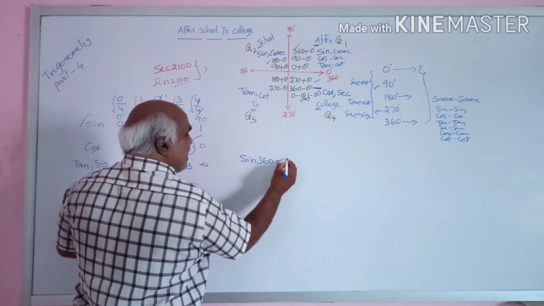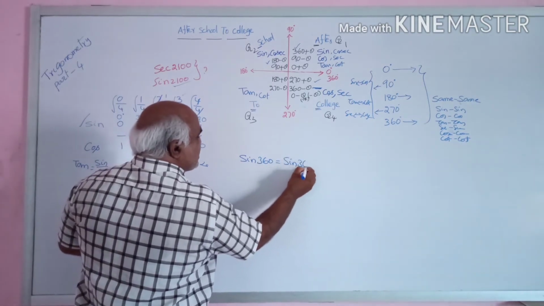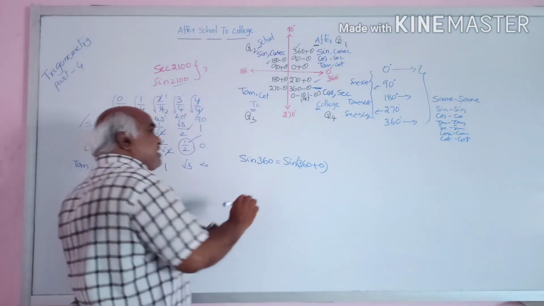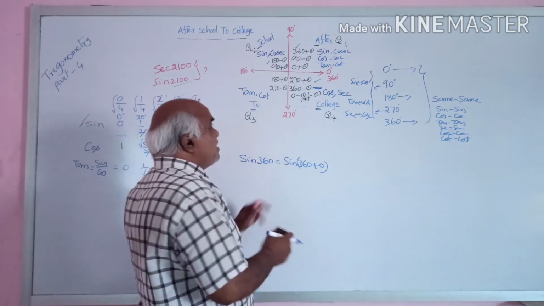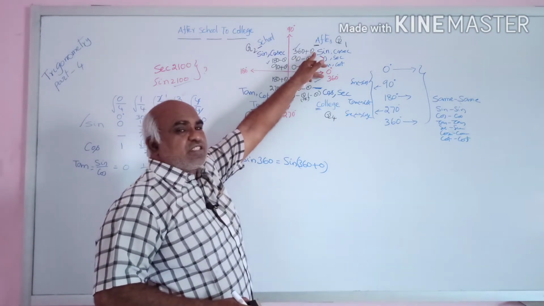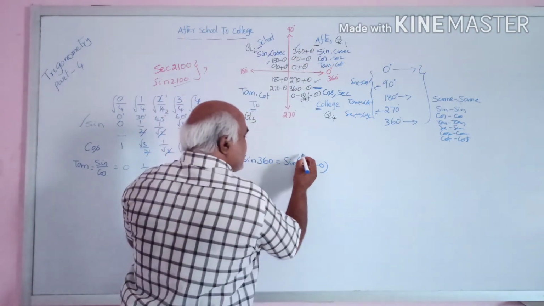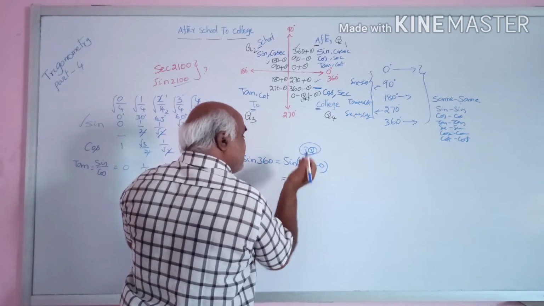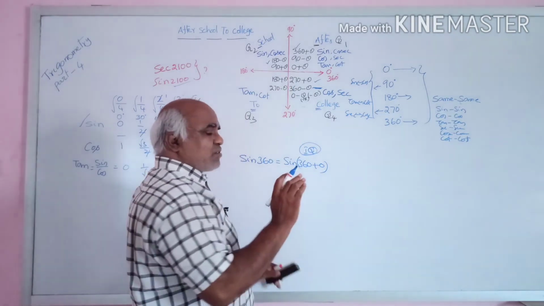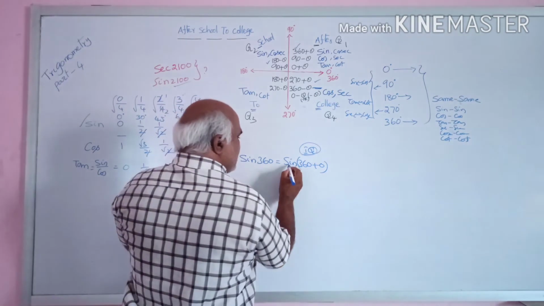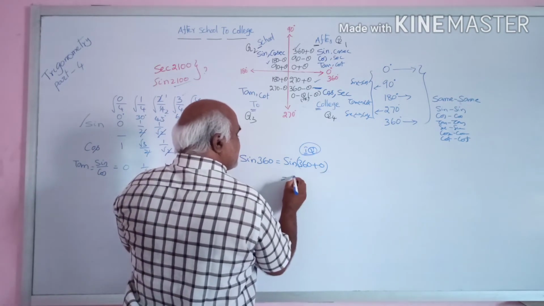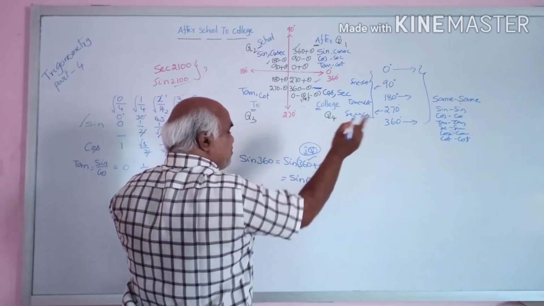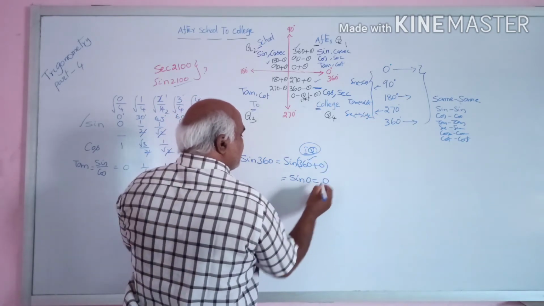You can easily write sin 360 plus 0. 360 plus theta is in the first quadrant. In the first quadrant, all are positive. Therefore, sin 360 plus 0 is sin 0, because for 360 same to same. Therefore, sin 0 is 0.